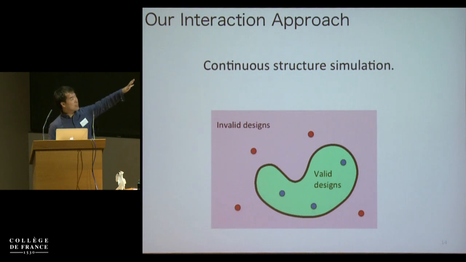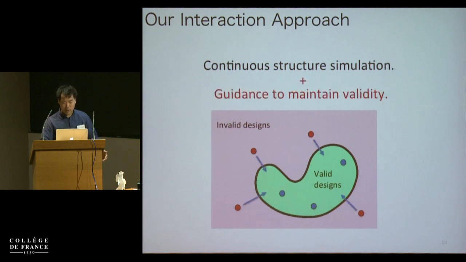There is a design space of furniture in this two-dimensional illustration. Some furniture is valid and some is invalid. The user can play around in this design space and instantly get feedback on whether a design is invalid.